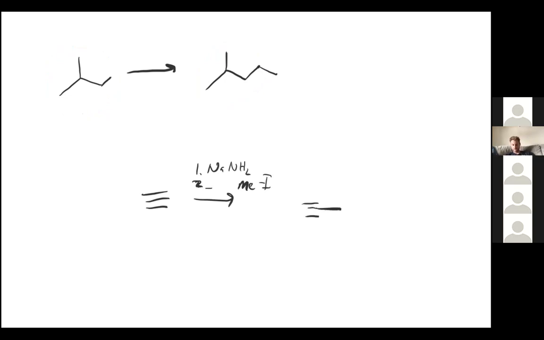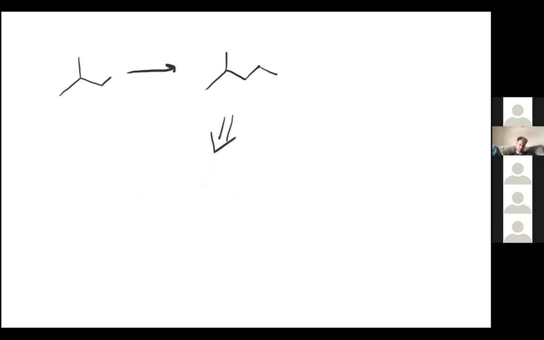So if we wanted to do that for this here, and I'm just going to chunk through this, some different things that we could do in the middle. It would probably be advantageous. I'm going to draw these little backwards arrows. These are called retrosynthesis arrows.